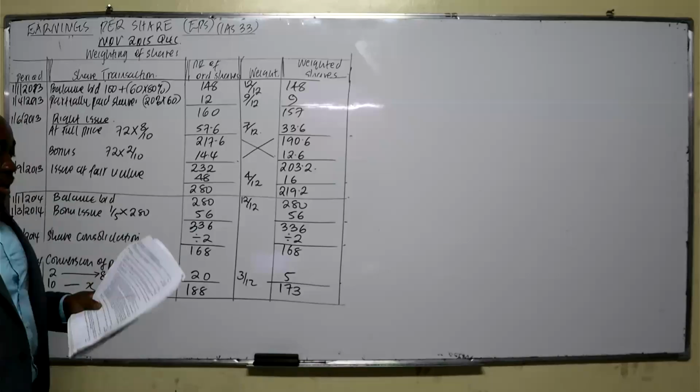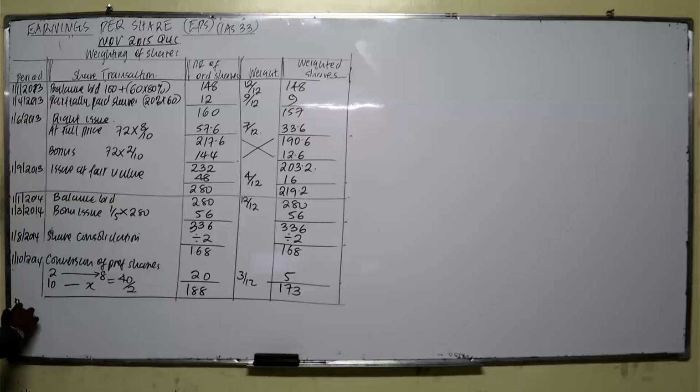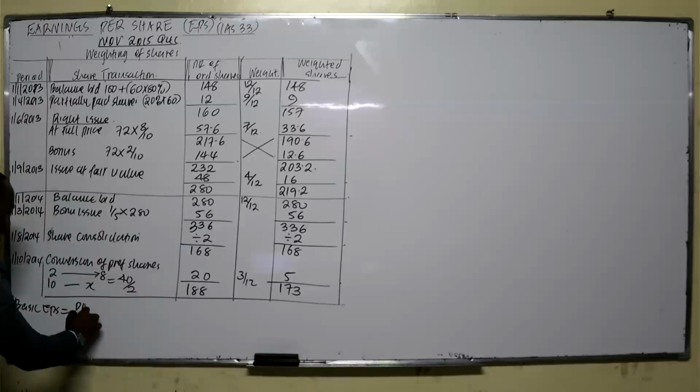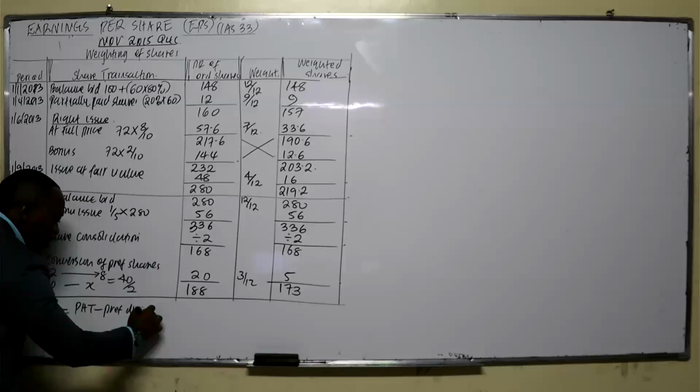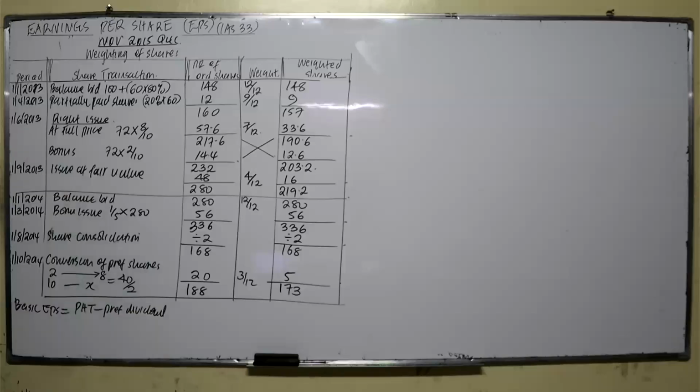How do you get the basic EPS? You take the profit after tax, you subtract the preference dividend. If you subtract the preference dividend, what do you get? Earnings attributable to ordinary shareholders, and then you divide by the weighted average number of ordinary shares.